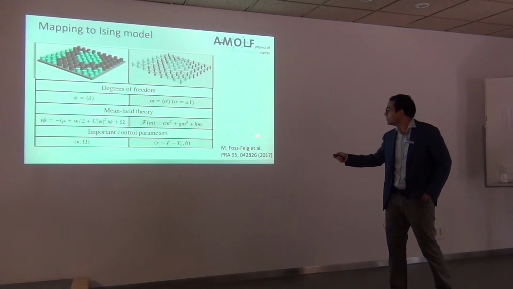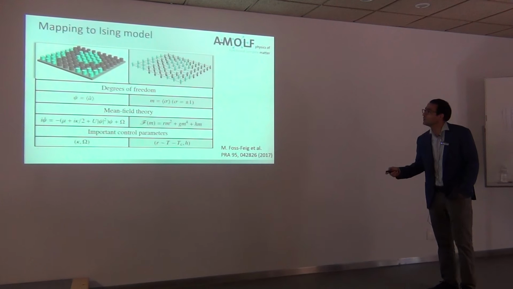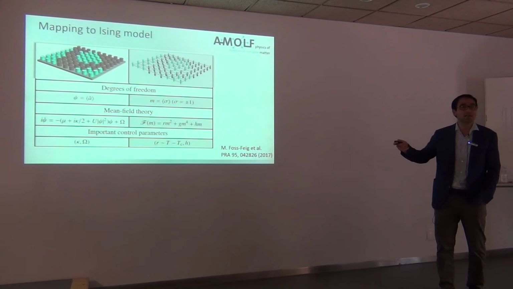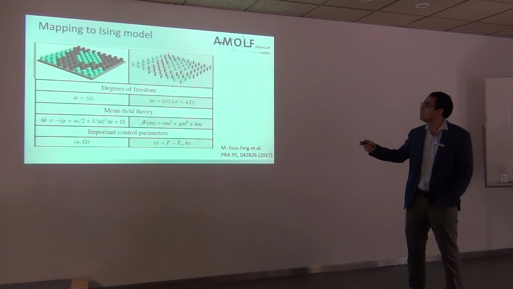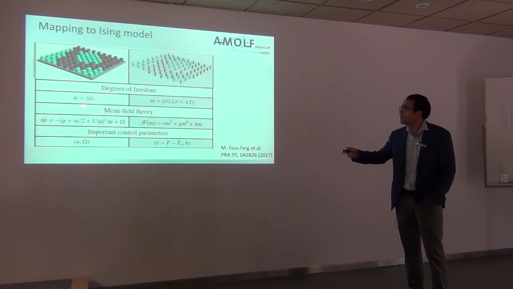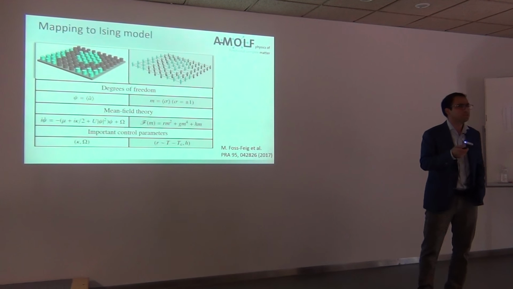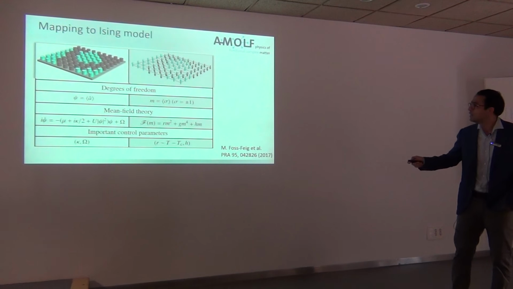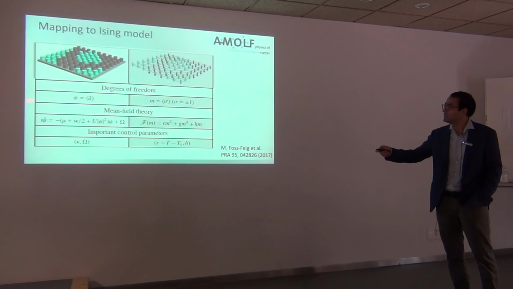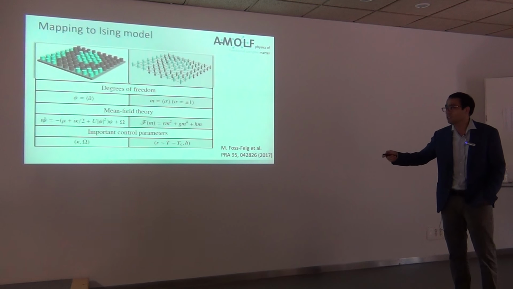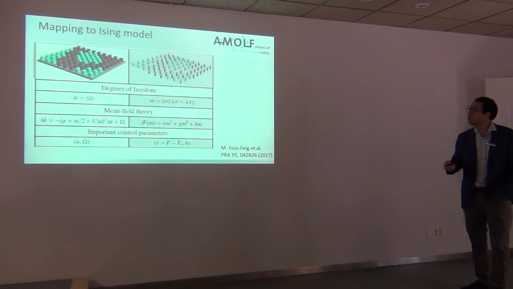There was this nice paper from Fosfiq where they did the full mapping between an array of bistable cavities to an Ising model. In this case, the spin degree of freedom gets mapped to the field that takes two different values. The mean field theory for the bistable cavities is just the nonlinear Schrodinger equation that I've shown you before.